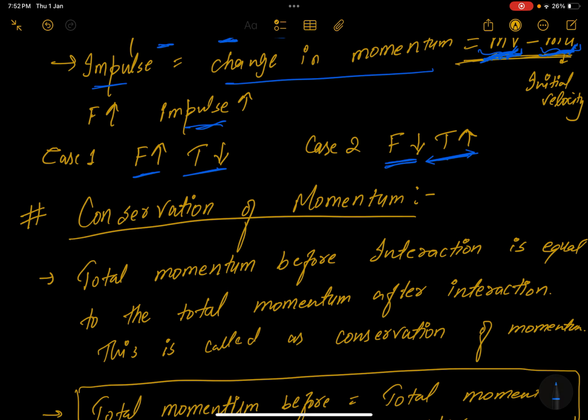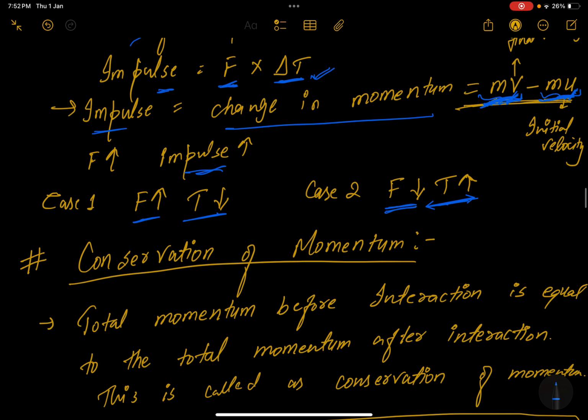Catchers pull their hands back while catching the ball, as I told you earlier. So impulse tells us how much momentum changes. When catchers pull their hands back, velocity slightly decreases, and that's why impulse decreases.